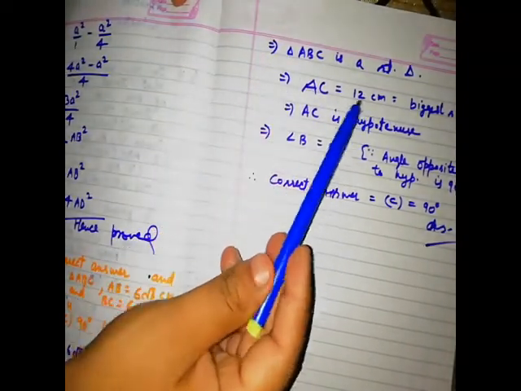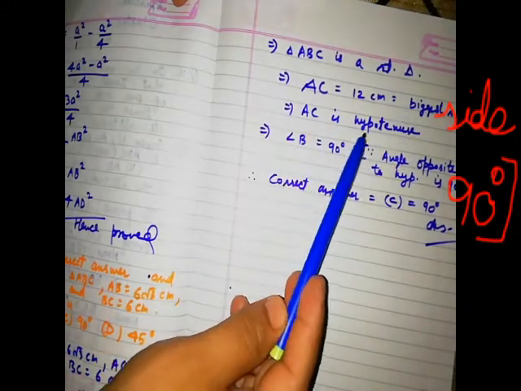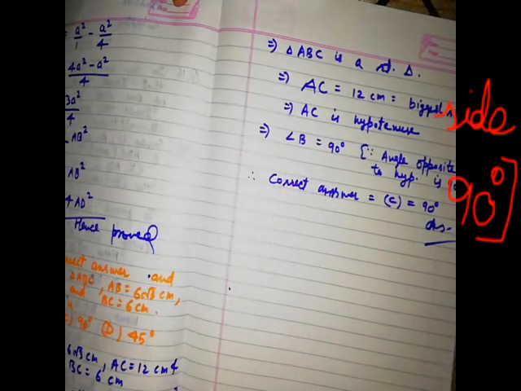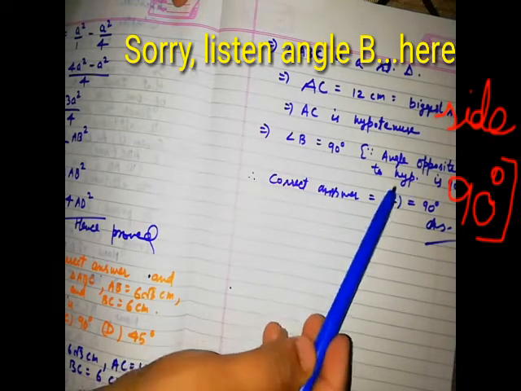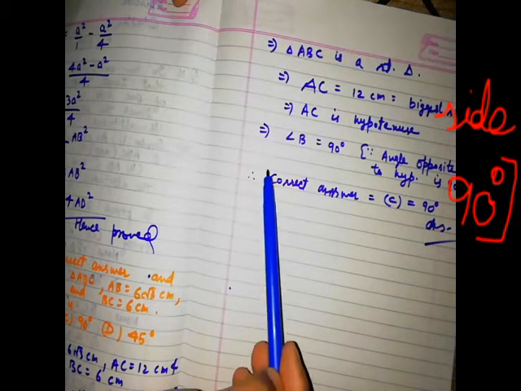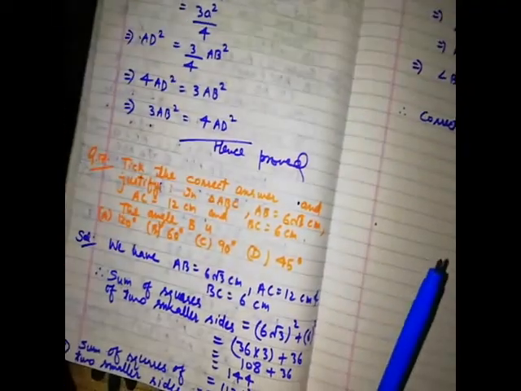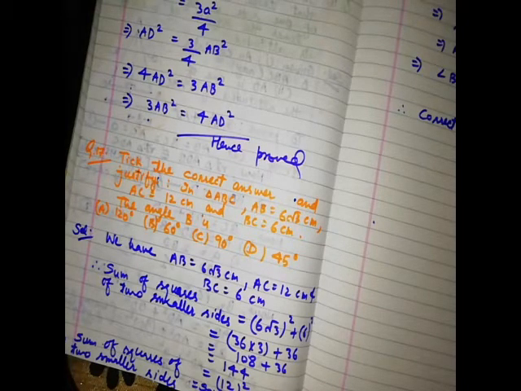Now AC equal to 12 cm and this is the biggest side, it means this AC is hypotenuse, and if AC is hypotenuse, then angle opposite to AC will be 90 degree, because we know in right triangle angle opposite to hypotenuse is 90 degree, and angle opposite to AC will be angle B. So we get angle B equal to 90 degree. So our correct answer is option C, that is 90 degree. In this way we have to do this question number 17.